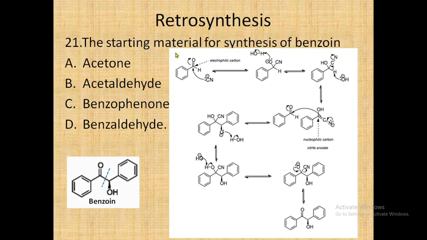This is the benzaldehyde compound. It will undergo nucleophilic attack of the cyanide on the electrophilic carbon. So you are getting this cyanohydrin compound by abstracting a proton here. Now if you see here, this carbon is attached to hydroxyl and cyanide group.